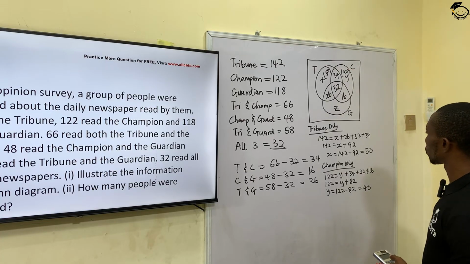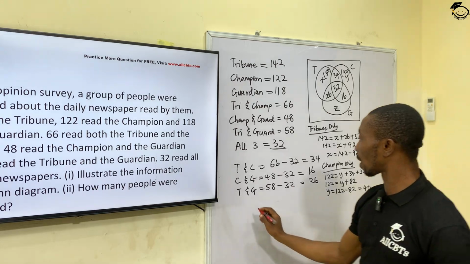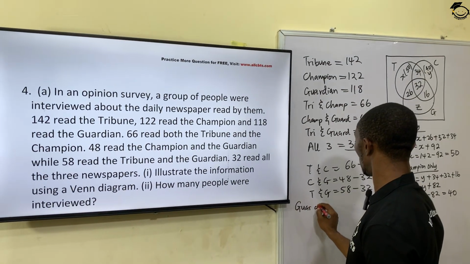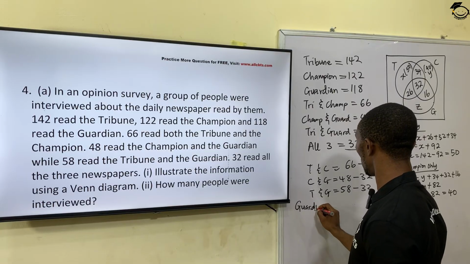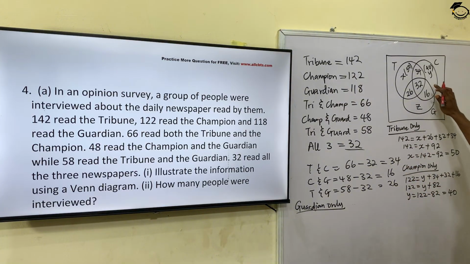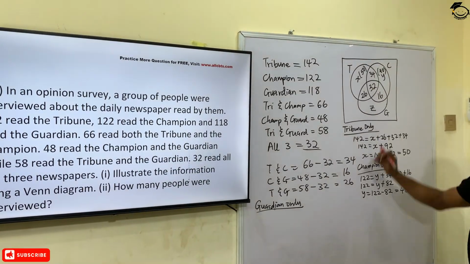Okay, next we'll look at those that read Guardian only. Considering our Guardian circle, we have 26, 32, and 16 plus z.